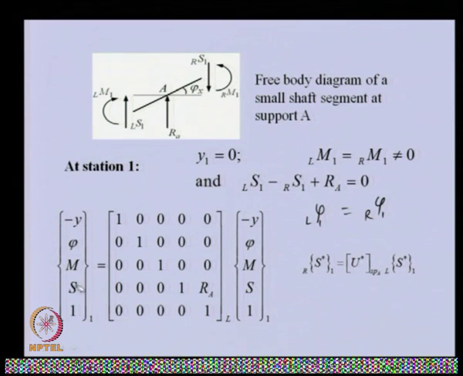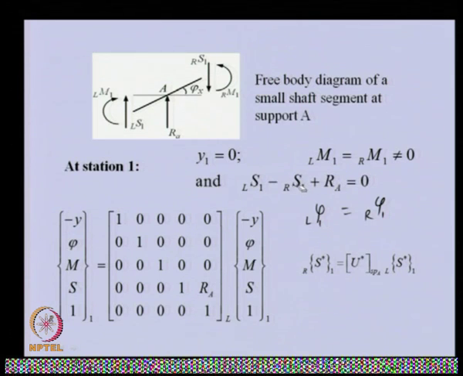Coming to the shear force equation, we have shear force right of 1 equal to left of 1 plus the reaction of this particular support. Both are positive, so right of 1 is equal to this plus this. If you expand the fourth equation, you will get exactly the same equation as this one.